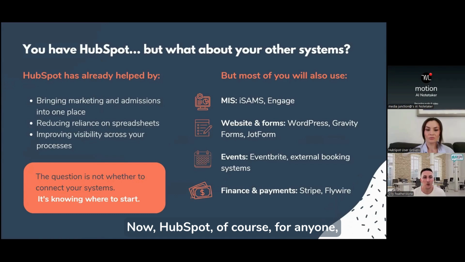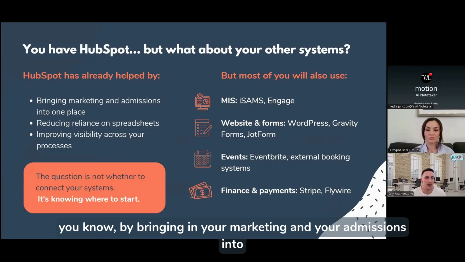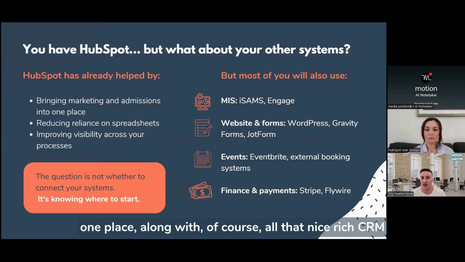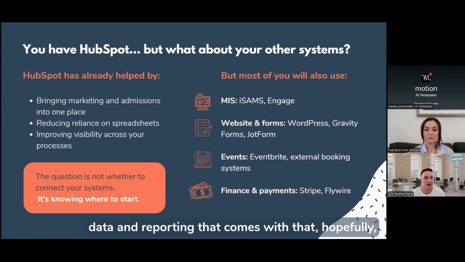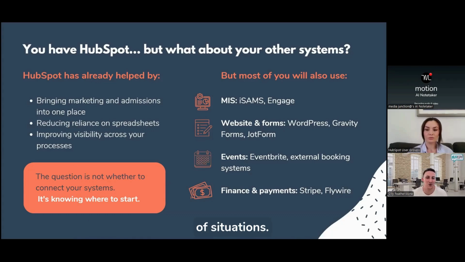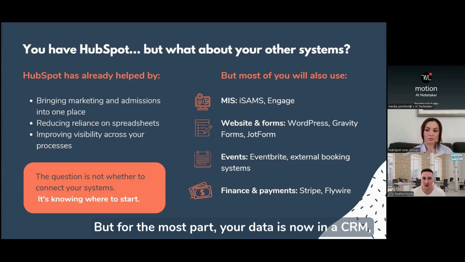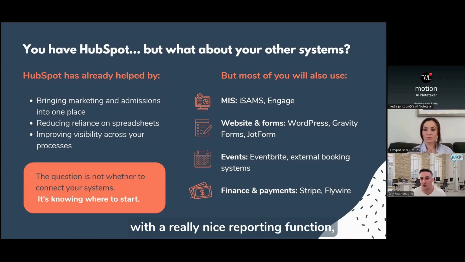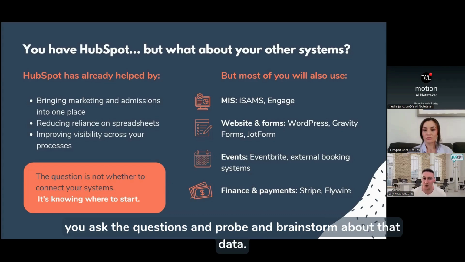HubSpot, for anyone from our audience, has already helped by bringing your marketing and your admissions into one place, along with all of that rich CRM data and reporting that comes with that. Hopefully, as well, it's reduced the reliance on spreadsheets. They do still have their place in a few situations, but for the most part, your data is now in a CRM with a really nice reporting function and with AI tools where you can ask questions and probe and brainstorm about that data.